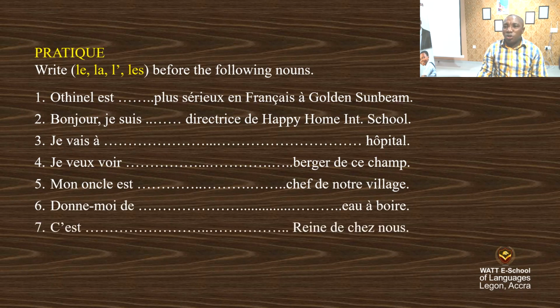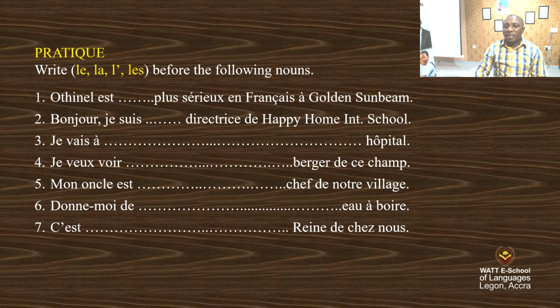C'est reine de chez nous. These are 7 sentences. We are going to put in the correct definite article, and the definite articles are given to us in the instruction: le, la, l', les.